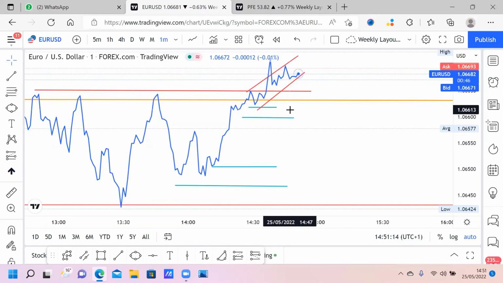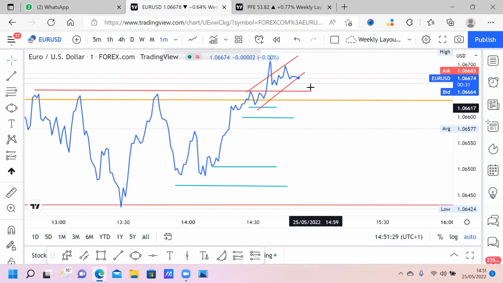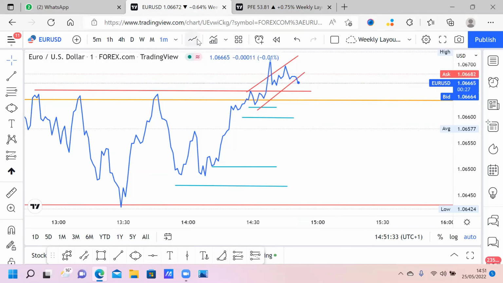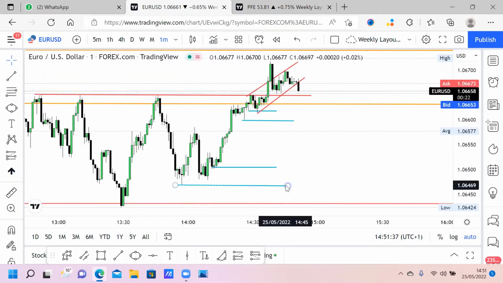But I want you to understand where I marked my charts and see if price is going to go below my lovely zone. Remember, I am not controlling anything. I'm just telling you what's going to happen in terms of probability.